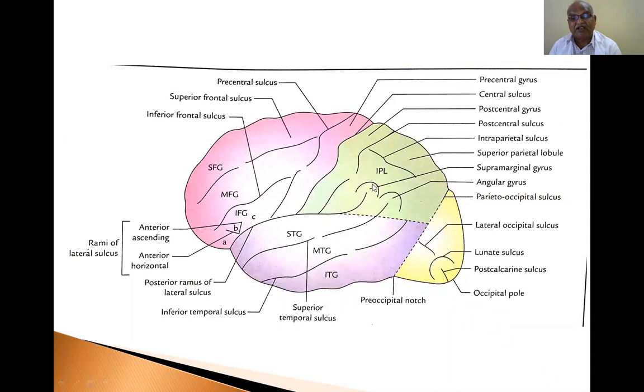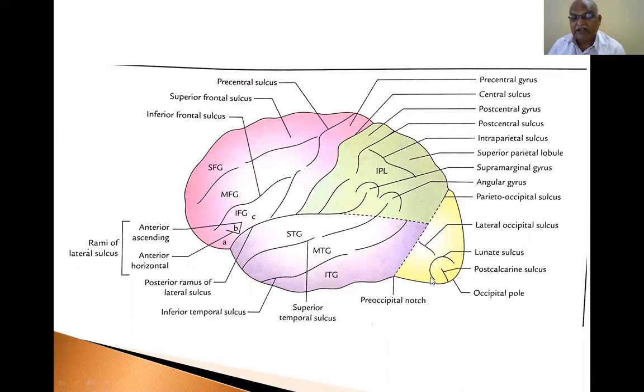That is the supramarginal gyrus. The margin of the parietal lobule covering this sulcus is the inferior marginal gyrus, or angular gyrus. So like that it is given.